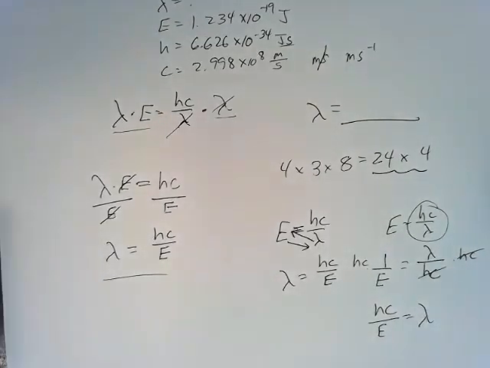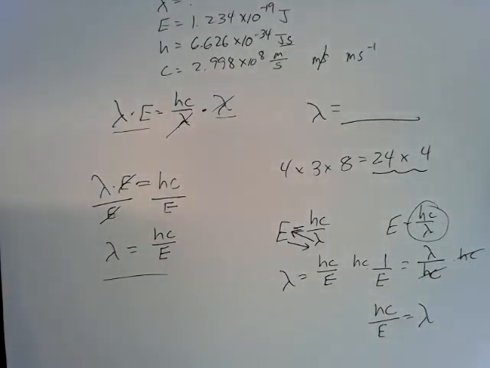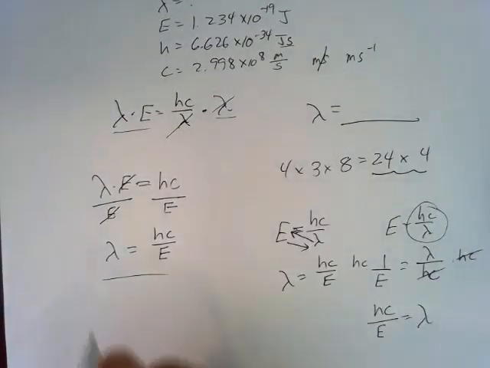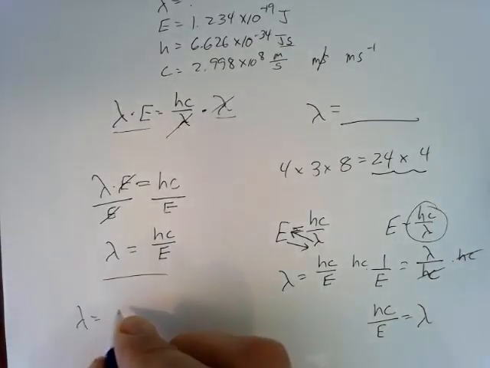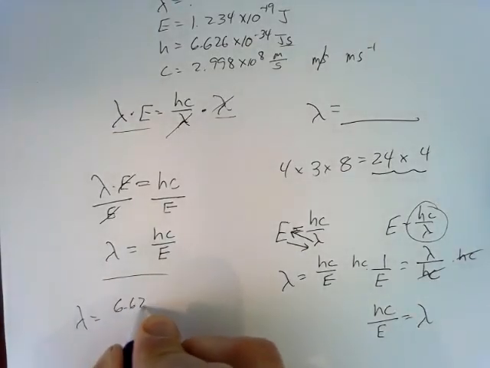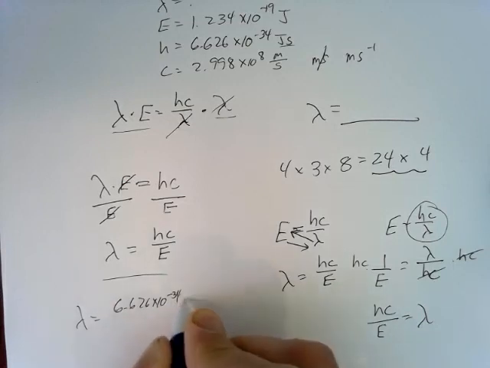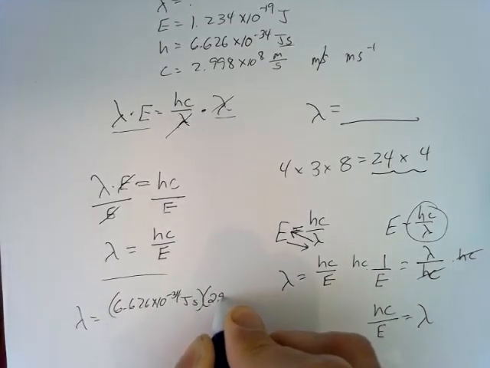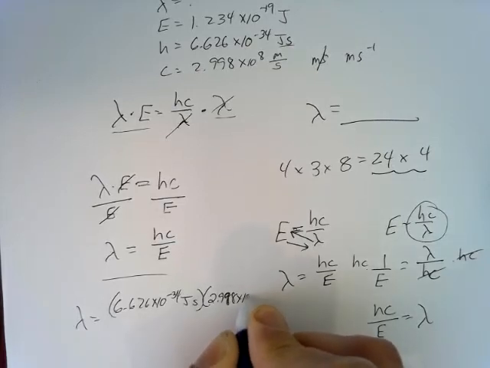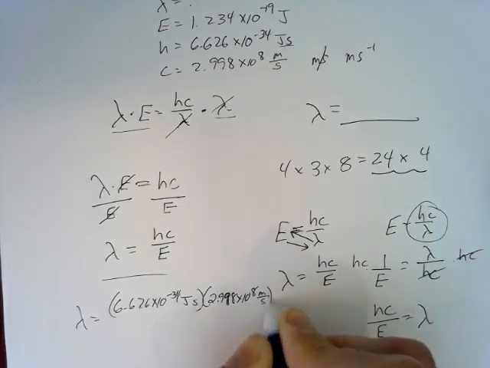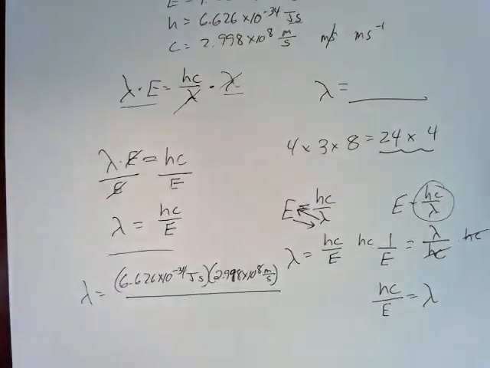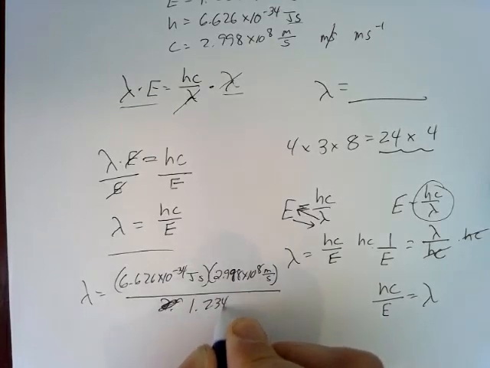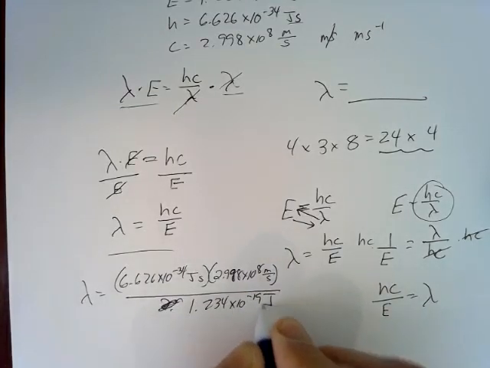So then at this point, we have the solution. Now we could go ahead and plug in numbers. We said h is 6.626 times 10 to the negative 34 joules times seconds, times 2.998 times 10 to the 8 meters per second, all over 1.234 times 10 to the minus 19 joules.